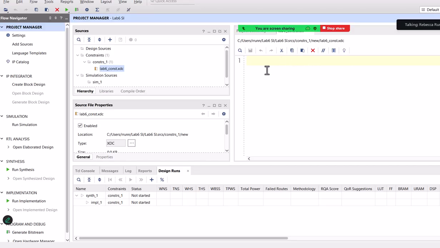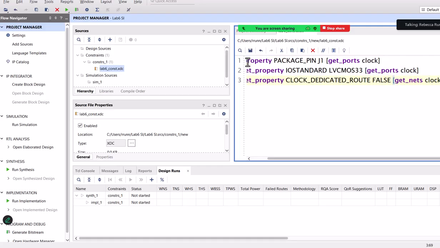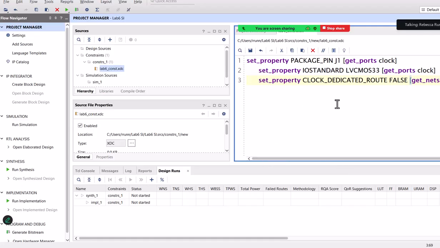And anytime you do a clock, you can expect that there's going to be one warning when you compile that you're not going to worry about. It's going to have some warning having to do with the clock, and you don't need to worry about it. So this is what you need for the clock.